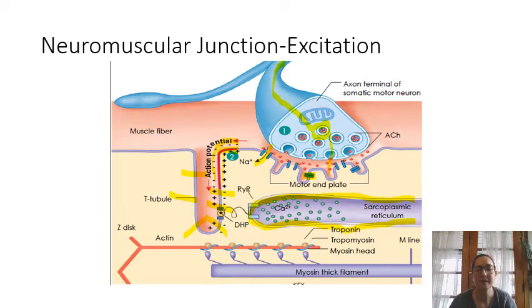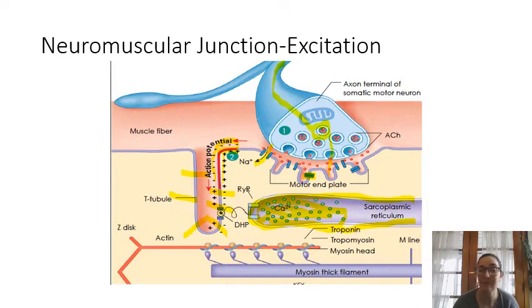In this case, its whole job inside of a muscle cell, instead of where normally smooth ER deals with synthesis and storage of lipids, in a muscle cell, the sarcoplasmic reticulum deals with storage of calcium ions. So we see we've got this big stockpile of calcium ions inside this sarcoplasmic reticulum.